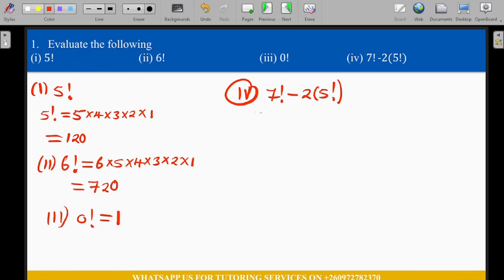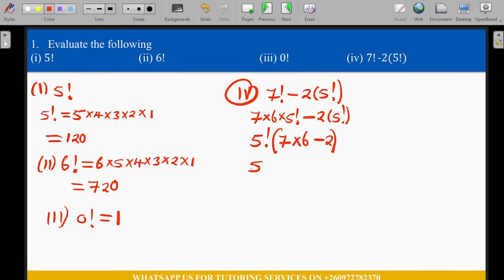So you say 7 times 6 times 5 factorial minus 2 open 5 factorial. Now 5 factorial is common, so factor out 5 factorial throughout, so that we remain with 7 times 6 here, then minus 2.